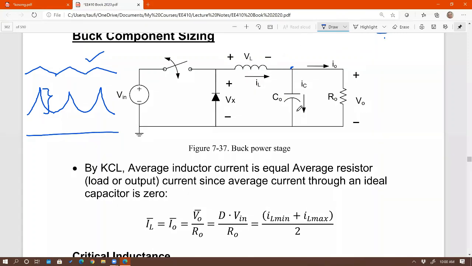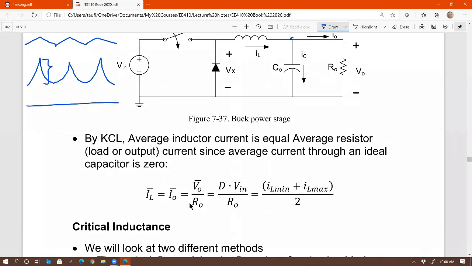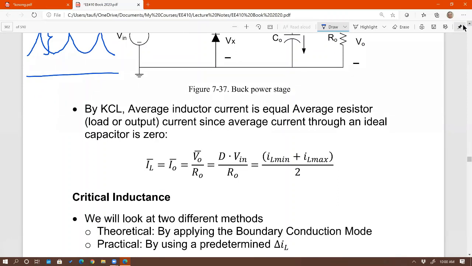Why? Because IC average is equal to 0. That's why in this equation I wrote IL average is equal to I out average. Just in case you're wondering what happens with IC, you should know from this class that IC average is equal to 0. So I'm not ignoring IC. That's why I'm not including it here, because it's 0 anyways. Okay, so that's only true for a buck converter.